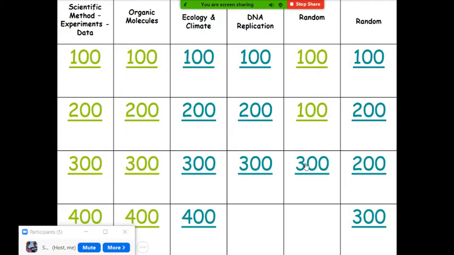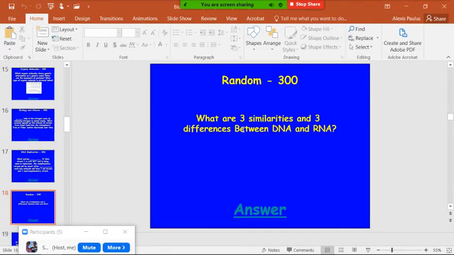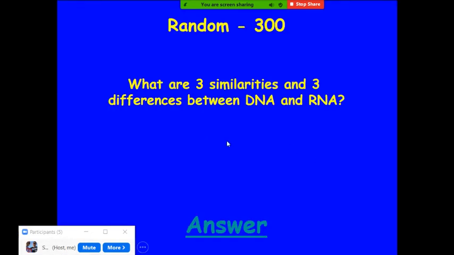All right, here we go. What are 3 similarities and 3 differences between DNA and RNA? And let me take care of this typo there. Three similarities, 3 differences between DNA and RNA.